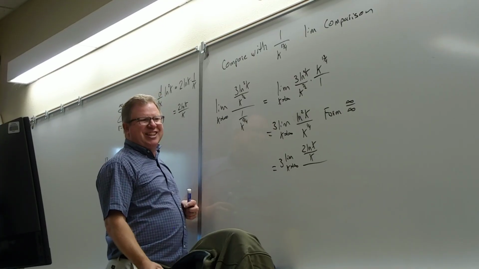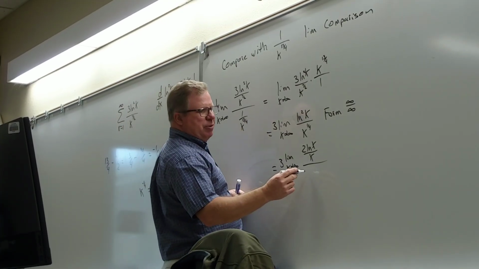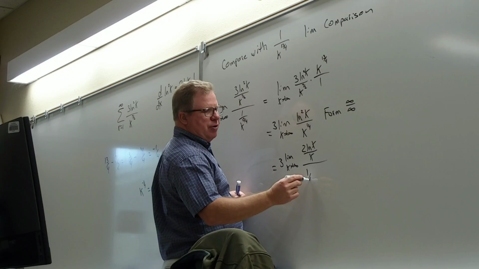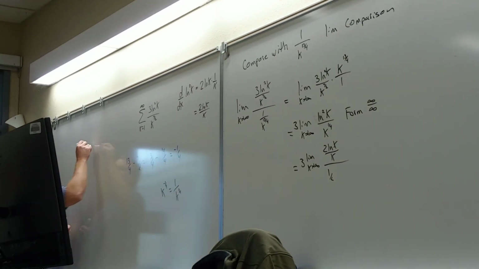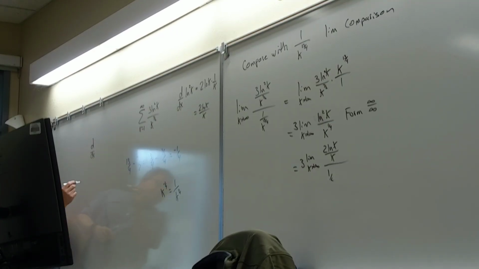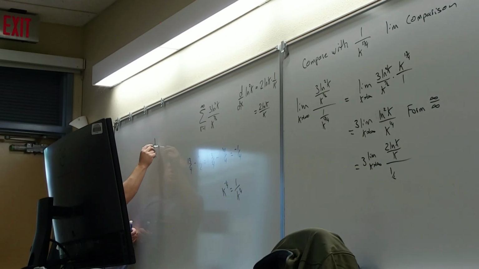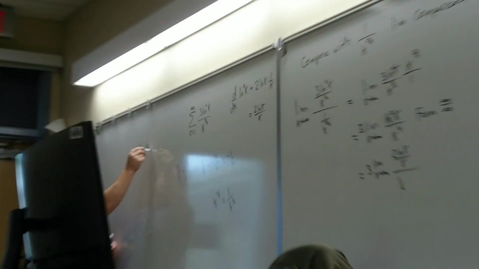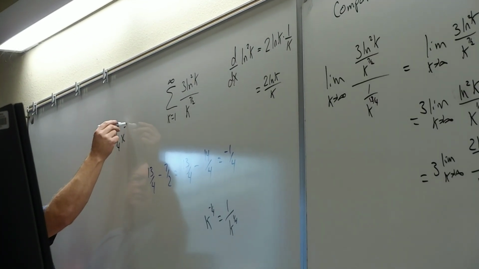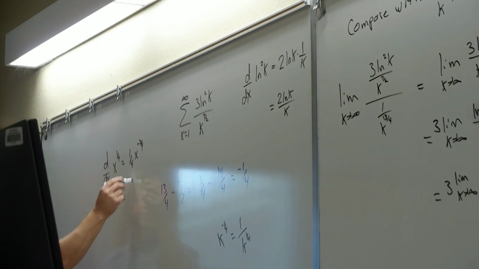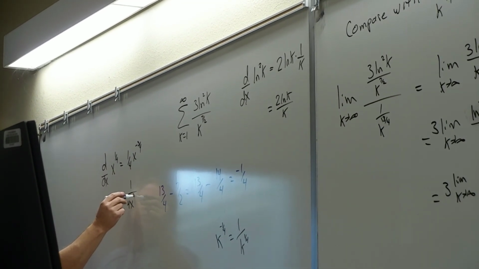And now the derivative of the denominator, scratch paper work, d/dx of k to the 1/4. Bring the 1/4 down and subtract 1. Same thing as 1 over 4 k to the 3/4.